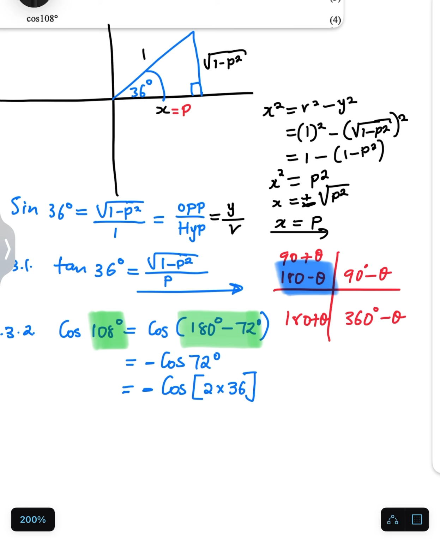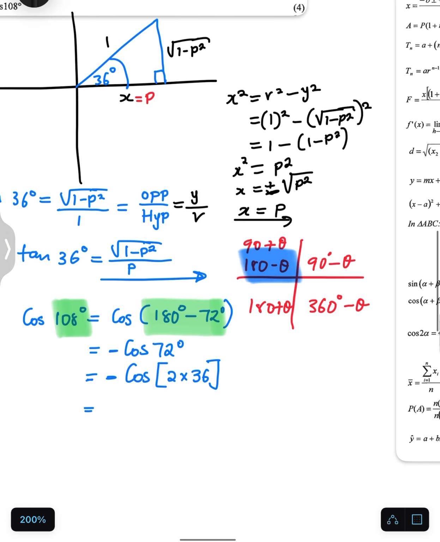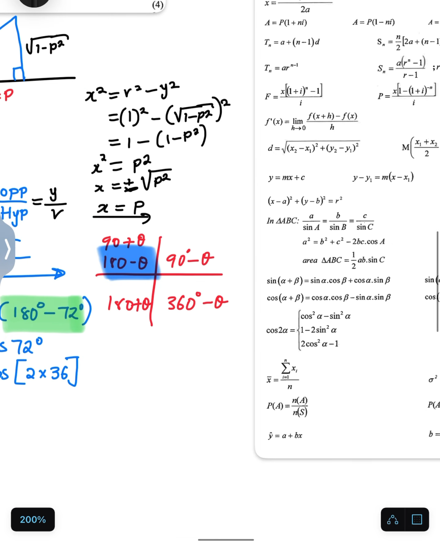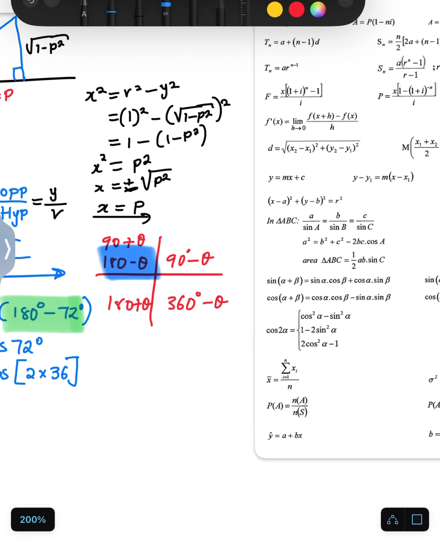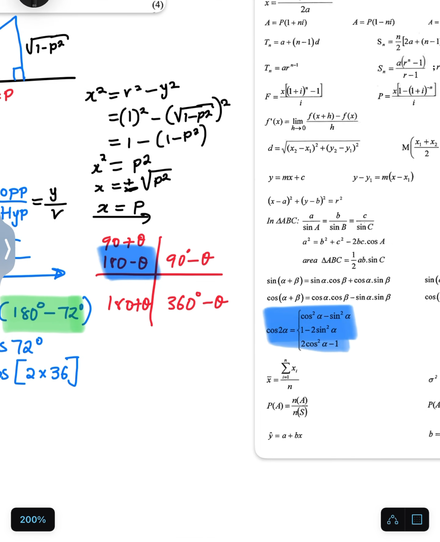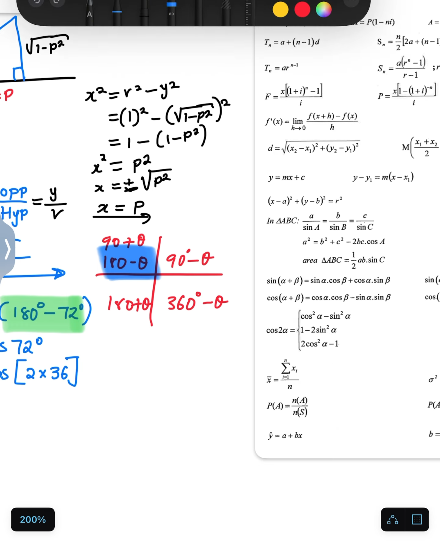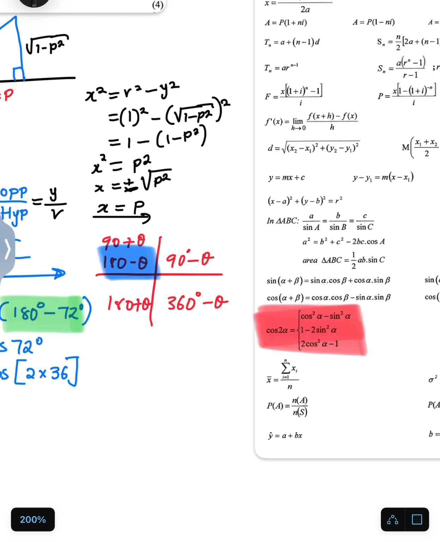So in this case, we have a double angle. For the double angle of cos, you can reduce it to anything that you want, but in this case, you have three formulas that you can use for the double angle of cos. These are the three equations that you can use.